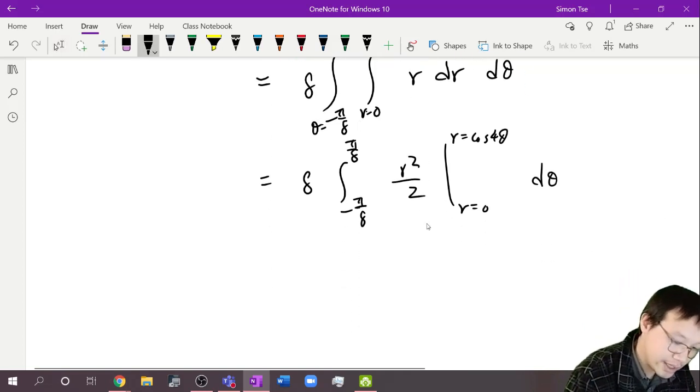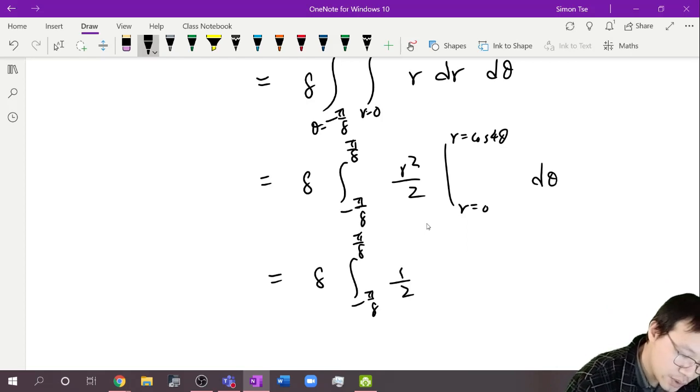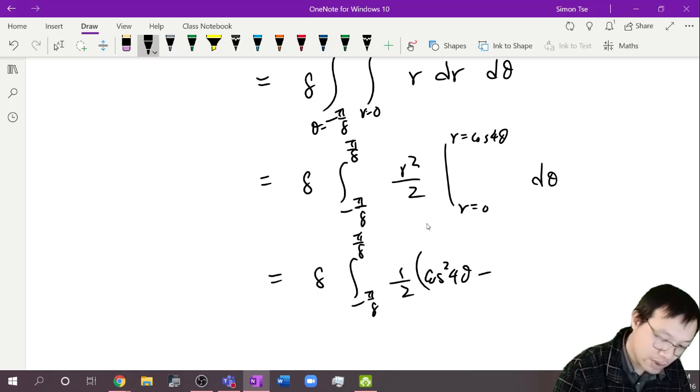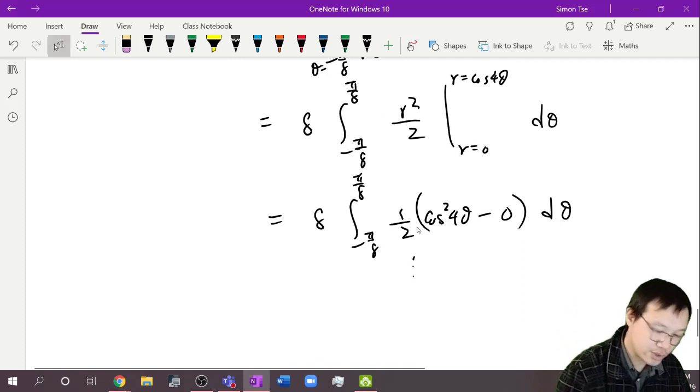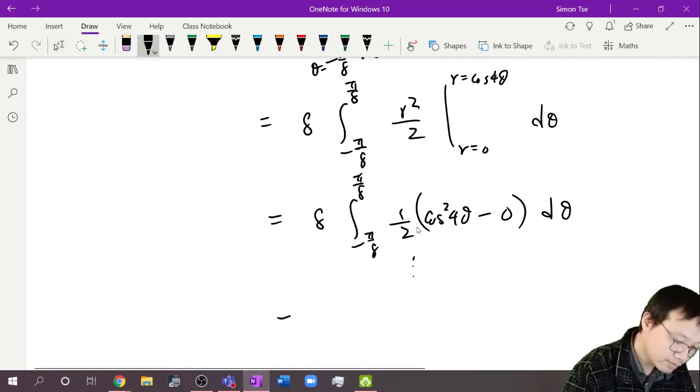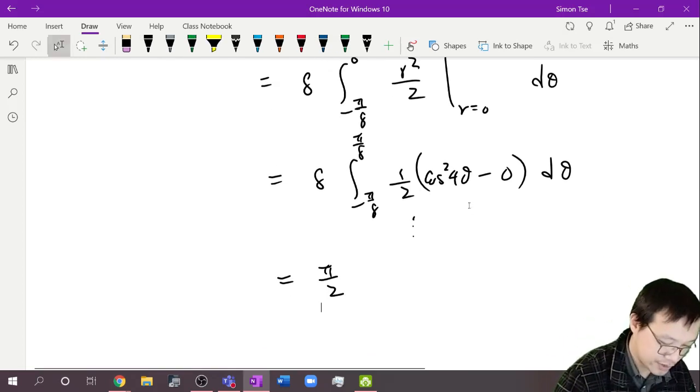You get 8 times the integral from minus pi over 8 to positive pi over 8, and the new integrand is a half of cosine squared 4 theta, minus 0, d theta. And the rest is a trigonometric integral. The answer will be pi over 2. So this is the first example.